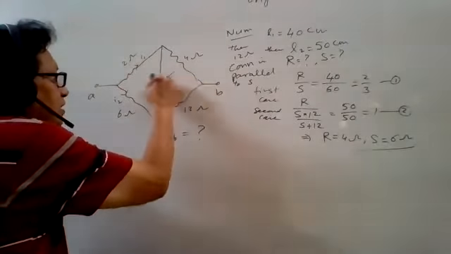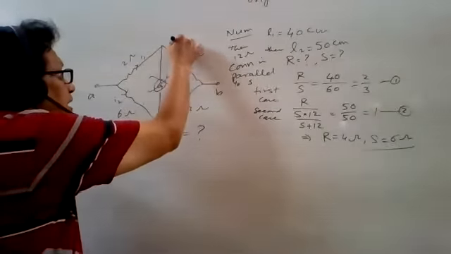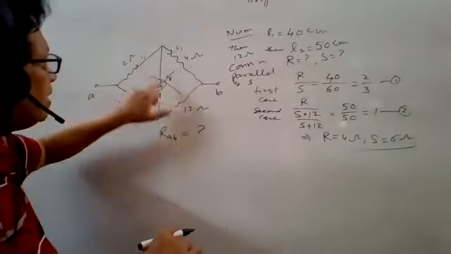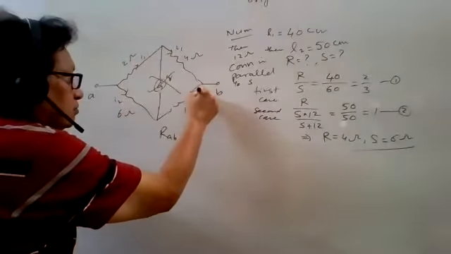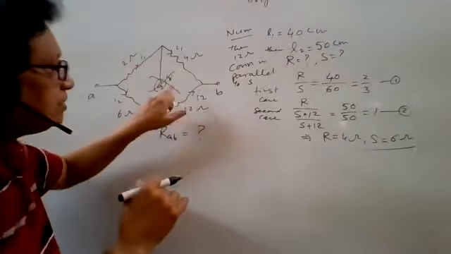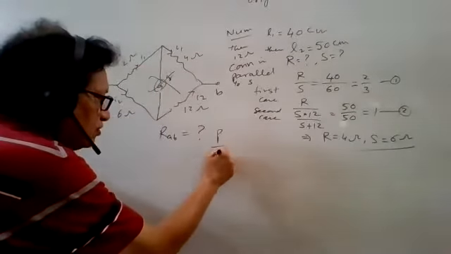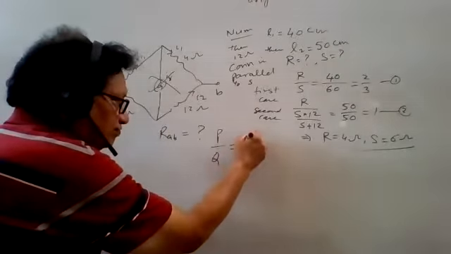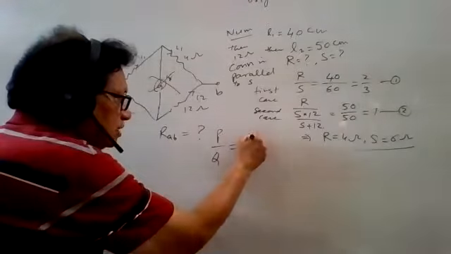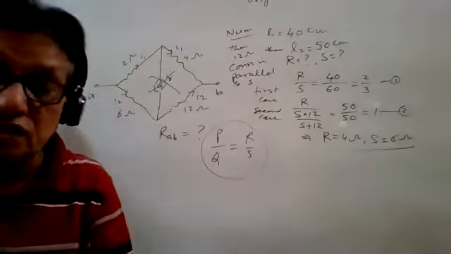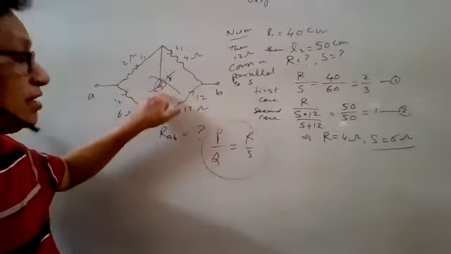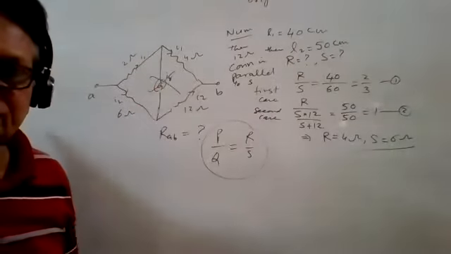If Ig is 0, then only you are getting the current I1, because I1 minus nothing is I1 and I2 plus nothing is I2. In this condition we have derived the relation P by Q is equal to R by S, for the case when this current is 0.